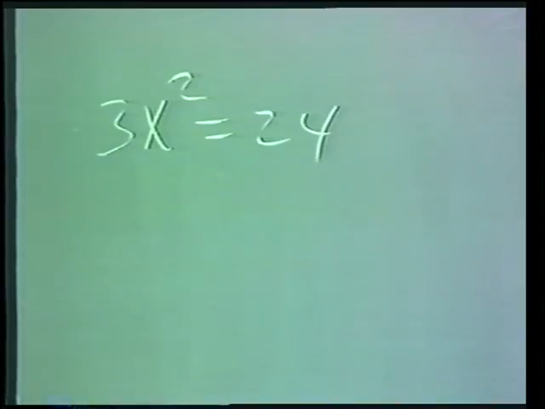Kathy? I don't know, I have plus or minus 4. Wong? X equals plus and minus square root 8.